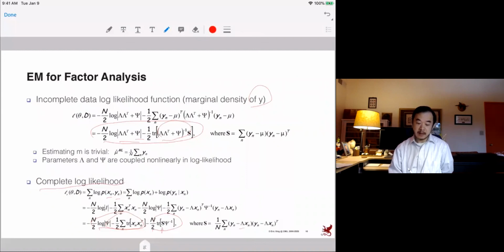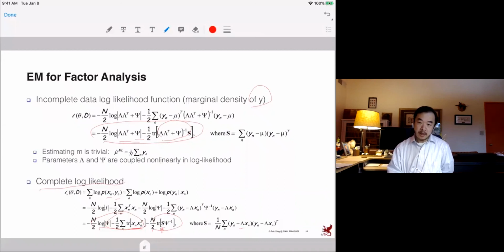There isn't another inversion on top of it. So that makes the dependency between the two parameters a little bit easier. But remember, this x and these S are actually latent. They are not observed. They are random variables.